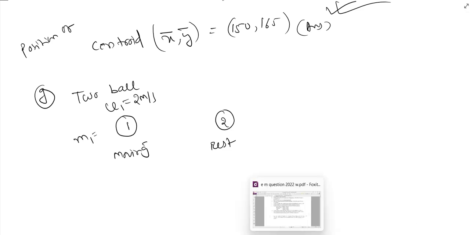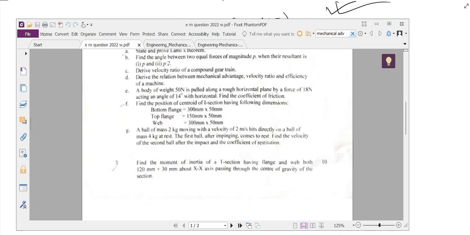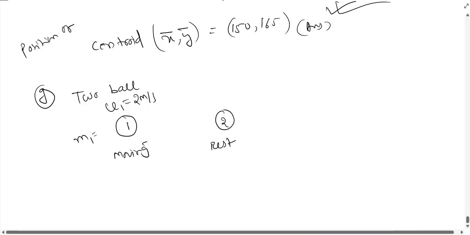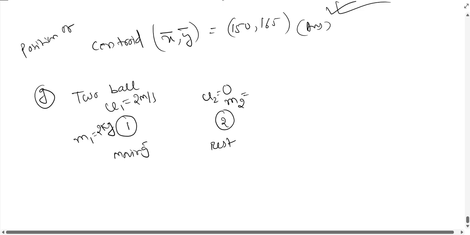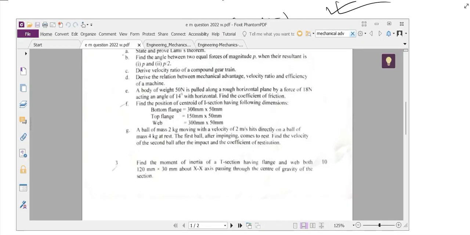Mass of ball 1 given 2 kg, and initially ball 2 is at rest. That means the initial velocity of ball 2, u2, is 0 and mass of ball 2 is equal to 4 kg. And another, what are the data given, let's see.